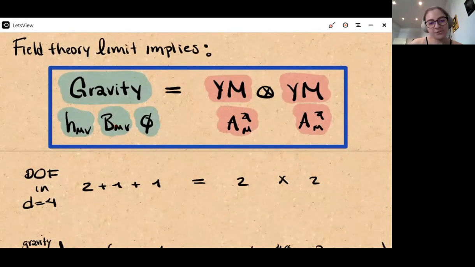Here, your 2-form field is going to be dual to an axion in 4D, so it's just 1 degree of freedom. And your dilaton is going to give you another degree of freedom. So you have 4. On the other hand, for Yang-Mills, in d equals 4, you have 2. So 2 times 2, you have 4 degrees of freedom. So usually you expect this matching of degrees of freedom when you square something, and that is what you're going to get in your double copy.